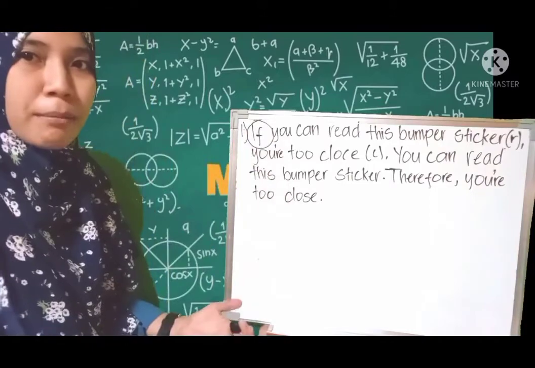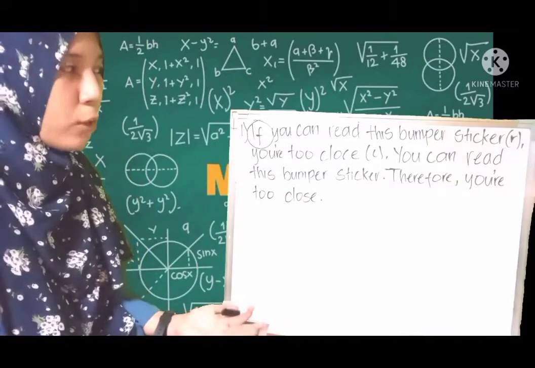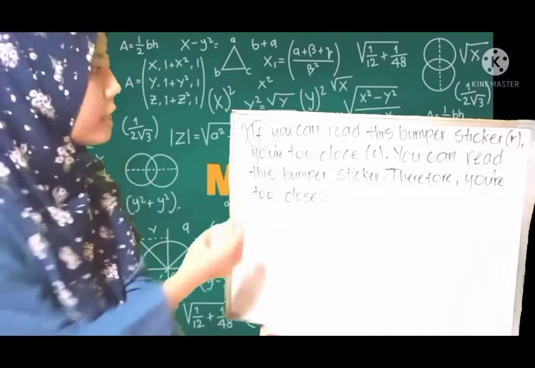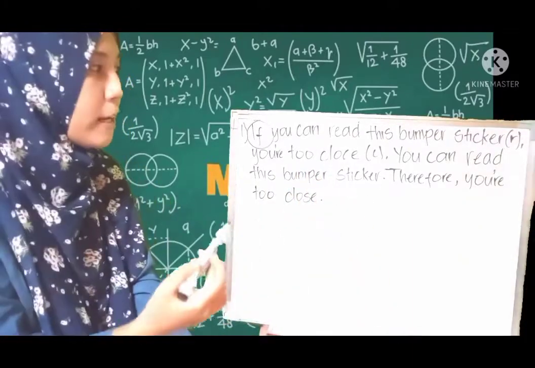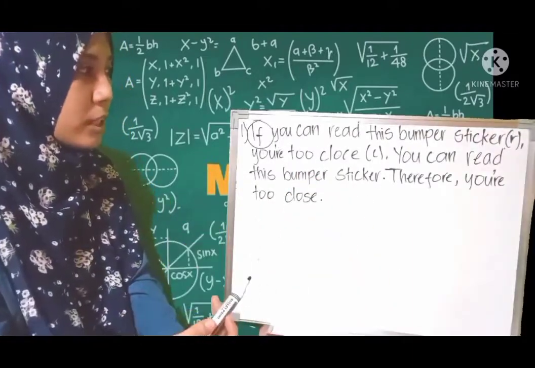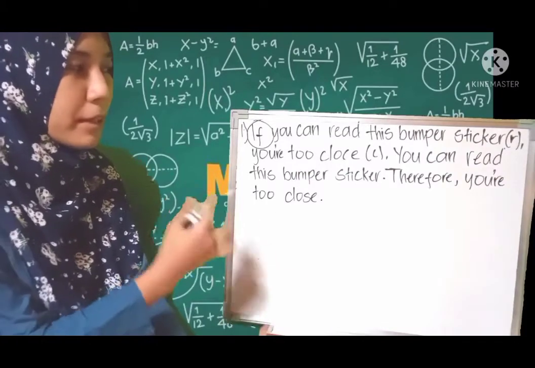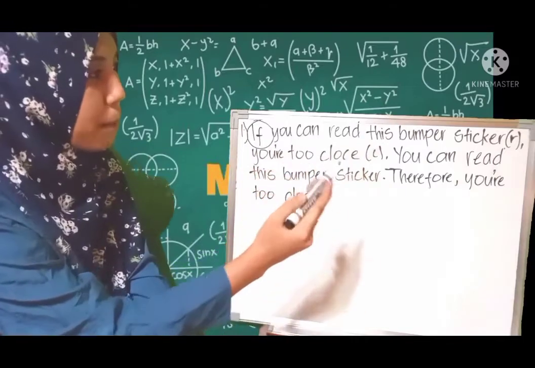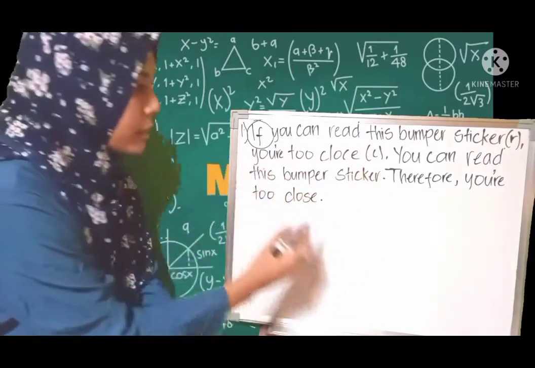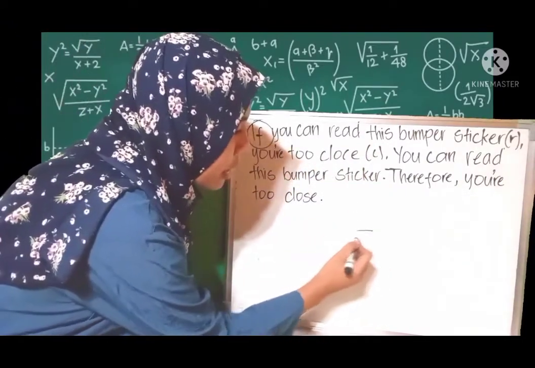Kung nare-remember natin yung first na tinalakay ko is about the symbols. So, if you can read this bumper sticker, so ang pag-turn natin dito ng symbols para maging symbols to is the first sentence, if you can read this bumper sticker, meron if. So, isusulat muna natin yung arrow.